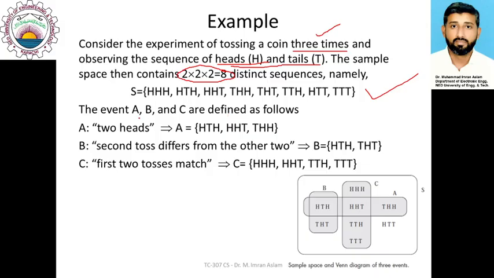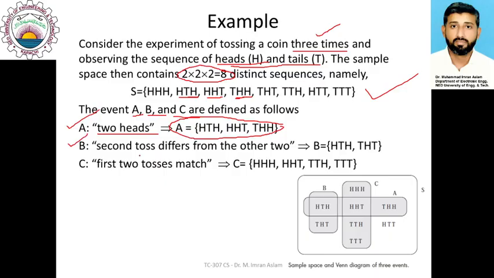We have defined 3 events A, B, and C, which are defined below. A is the event which corresponds to 2 heads. If we get 2 heads in the toss, the event will be named A. If I ask you to identify the set A here, this sample point represents 2 heads, this one represents 2 heads, and this one represents 2 heads. So A would contain 3 elements which are listed here.